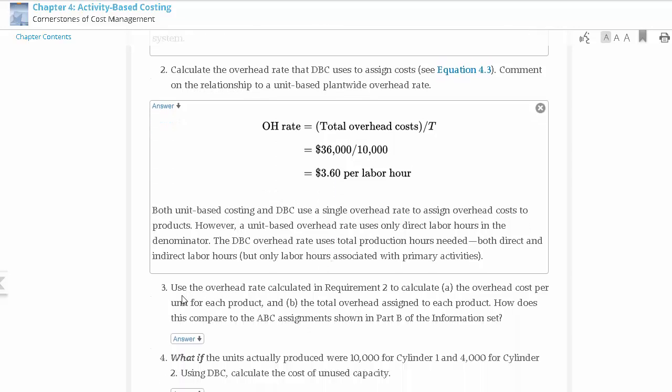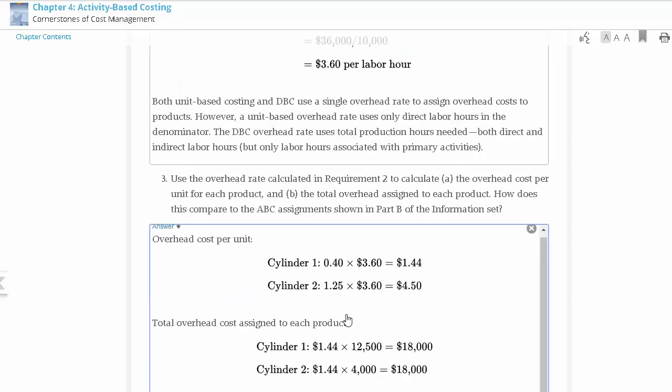Now, let's look at question 3. Use the overhead rate calculated in requirement 2 to calculate the overhead cost for each unit. So now we have to go back to the 0.4 and the 1.25 that we already discussed, and we multiply it times 3.60, and that's how you can come up with the overhead cost per unit.